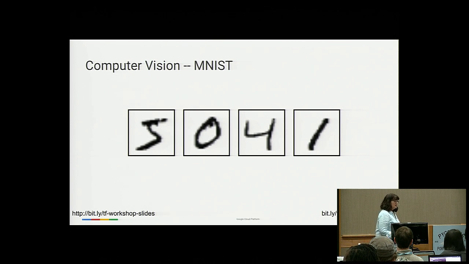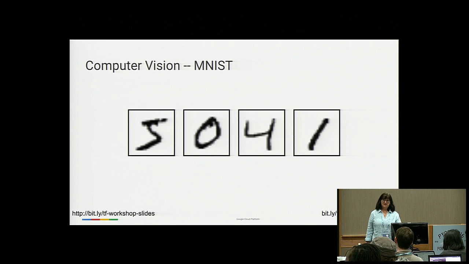The MNIST task, for those who aren't familiar, is number recognition. You have a bunch of images that look like this that humans are pretty good at identifying, especially if you know these are supposed to be numbers and not letters. For computers, it can be a little harder.